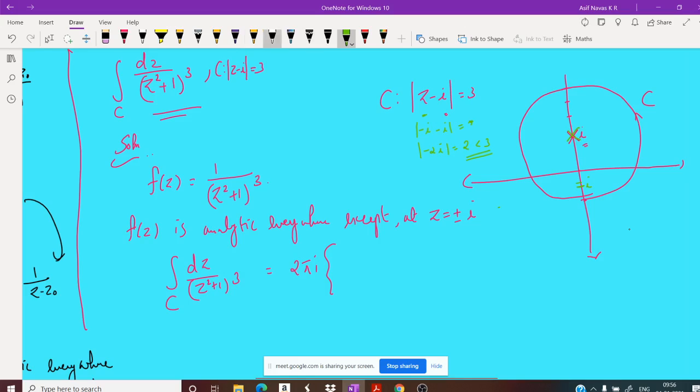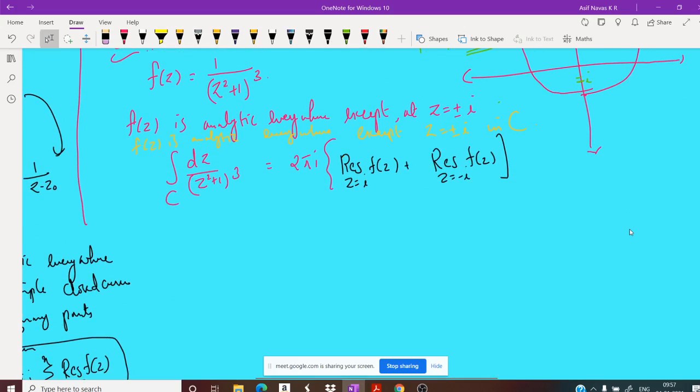So here you can write f of z is analytic everywhere except z equal to plus or minus i in C. So this is actually equal to residue of f of z at z equal to i plus residue at z equal to minus i. Now how to find the residue?